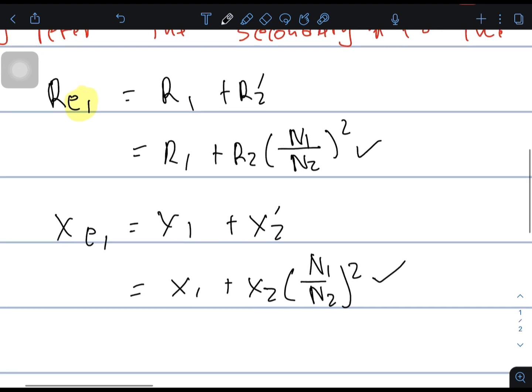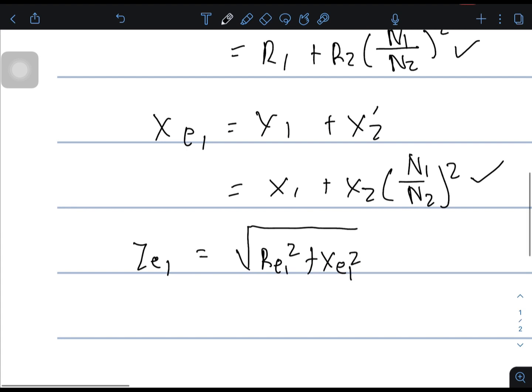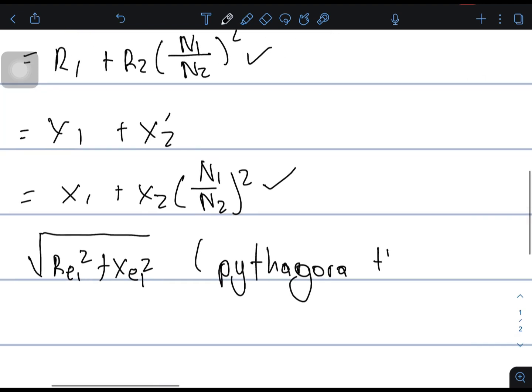Then equivalent impedance of your circuit is given by the square root of your equivalent resistance squared plus your equivalent reactance squared, and this is determined using the Pythagoras theorem.